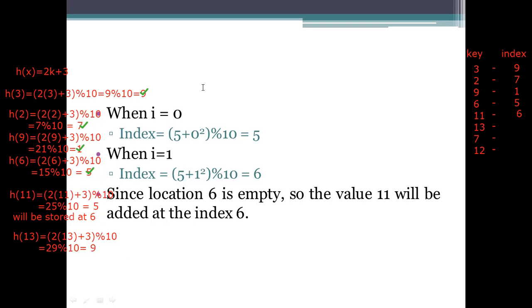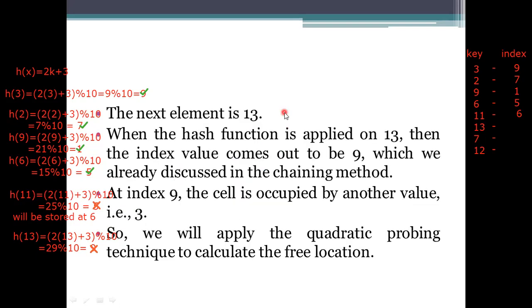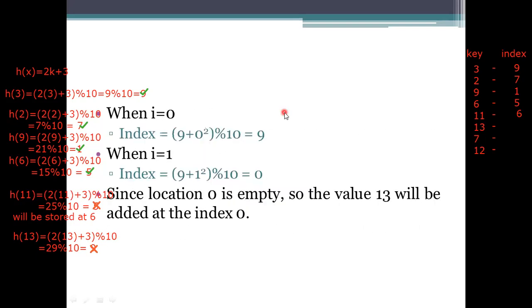So what it has to do, it has to go for quadratic probing. Quadratic probing means we need to start the calculation so that we know where to store this one. Here the value of i is 0. 9 means it can't be used here. The value is 1. 9 plus 1 squared, 1, 10. 10 percentage 10 is 0.